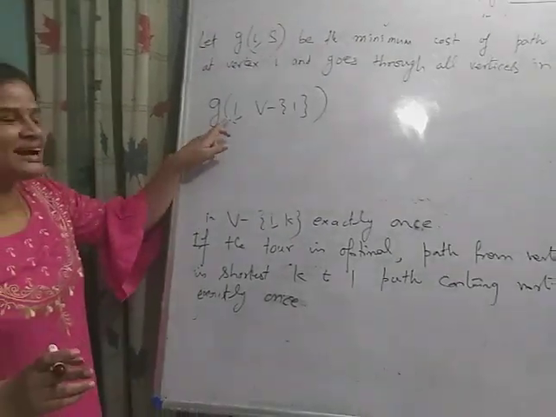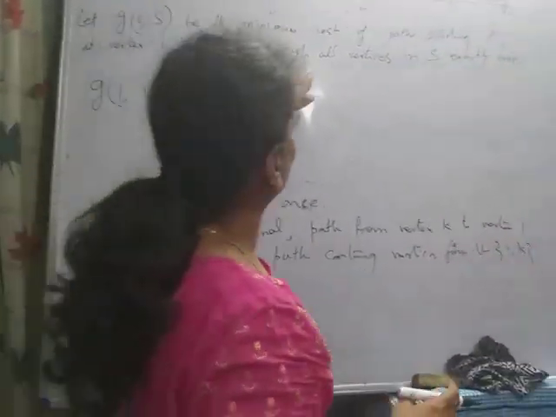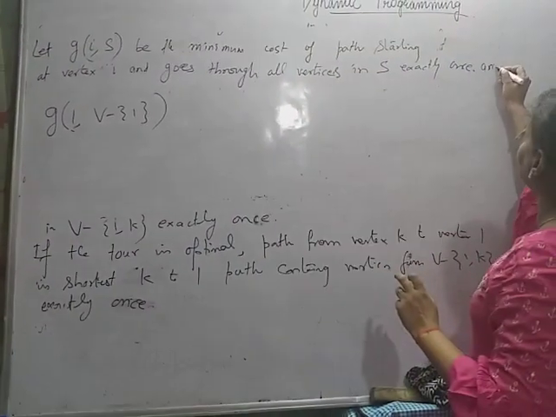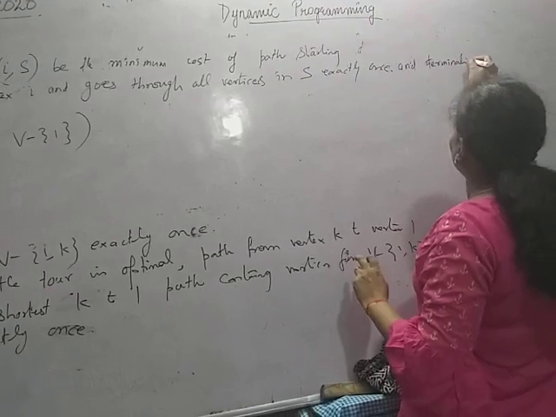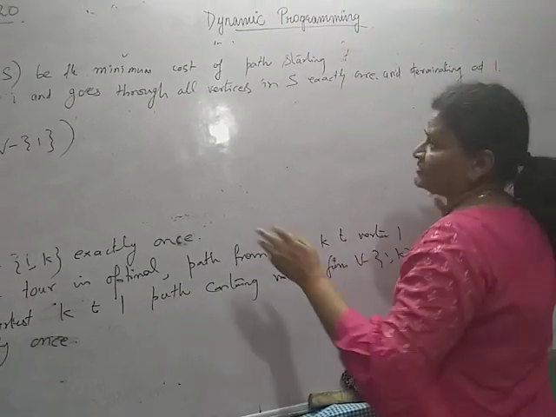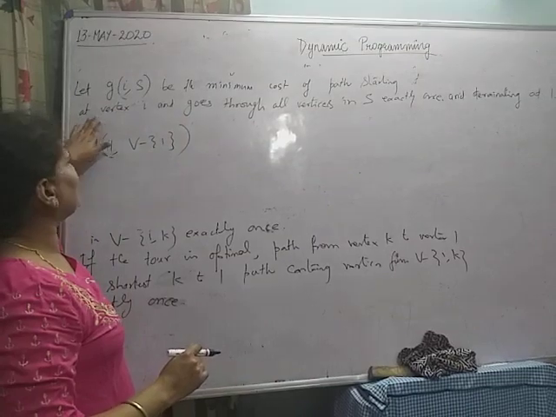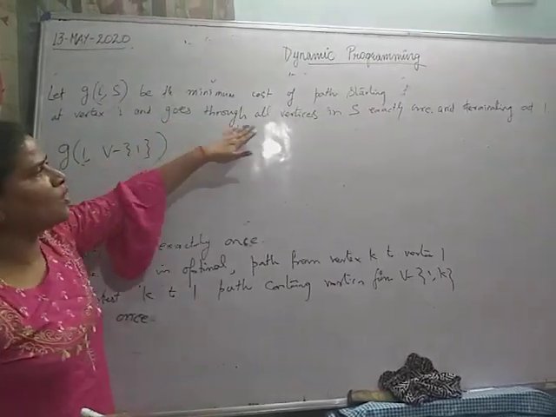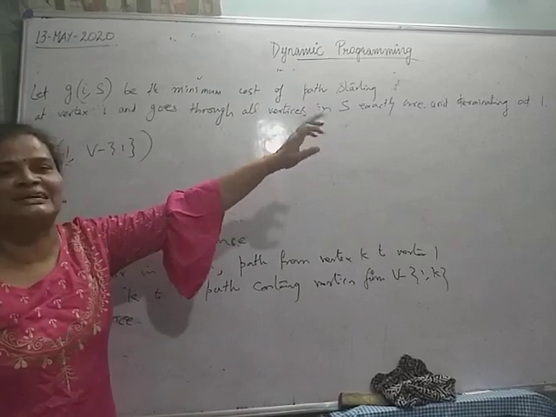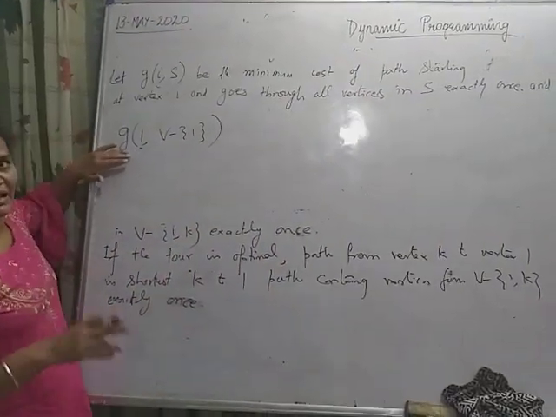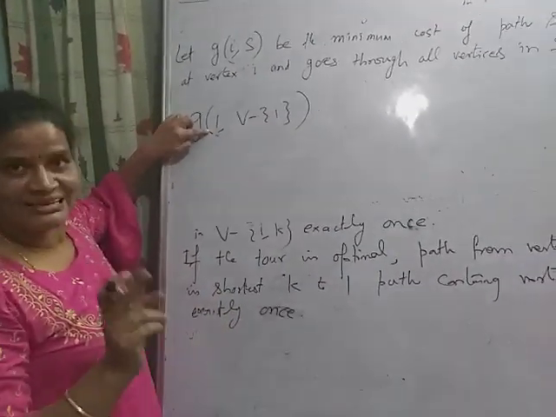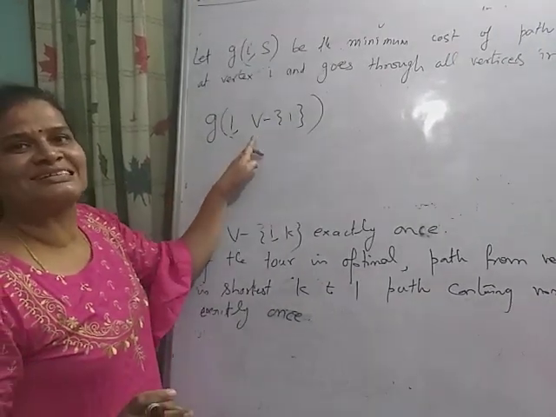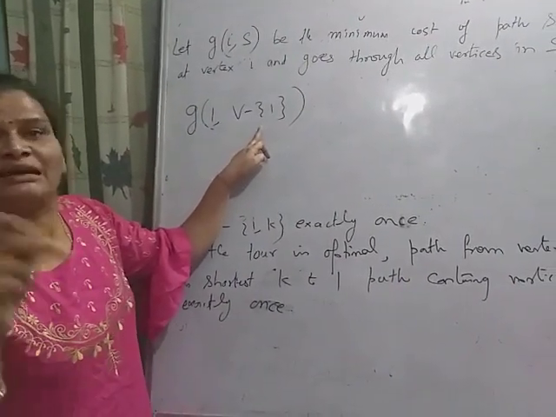The same definition applied here gives the minimum cost of the path that starts at vertex 1, goes through all the vertices in V minus {1} exactly once, and terminates at 1.